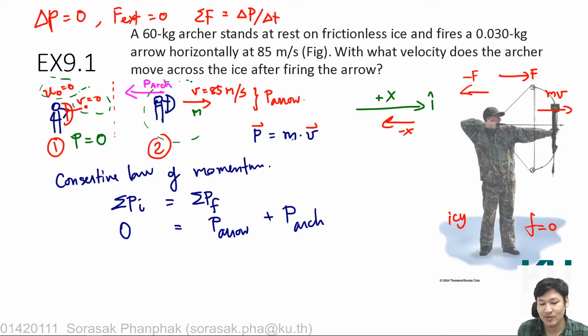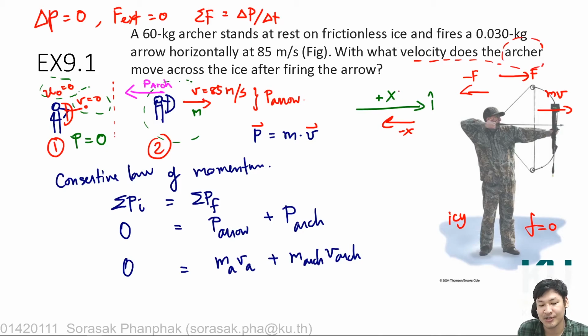Now substitute mv in, so that this is m arrow v arrow plus m archer v archer equals 0.